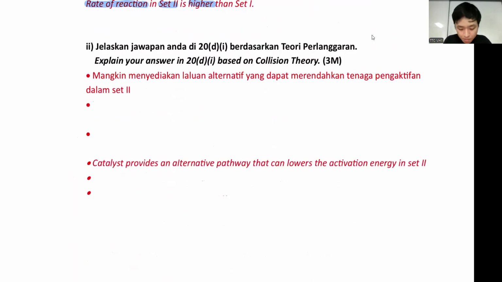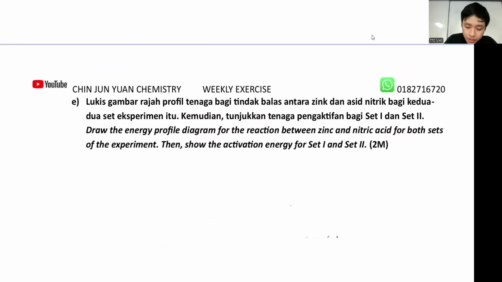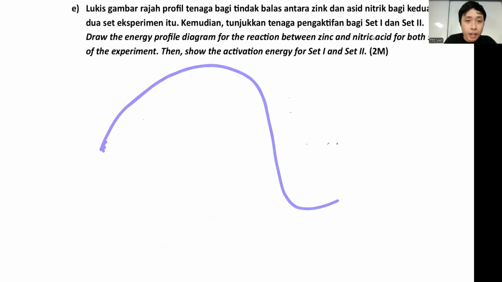Explanation, point number 1, catalysts provide an alternative pathway that can lower the activation energy in set 2. Okay, and providing an alternative pathway means a shortcut. Okay, gives you a shortcut. Later I will explain it in the energy profile diagram.